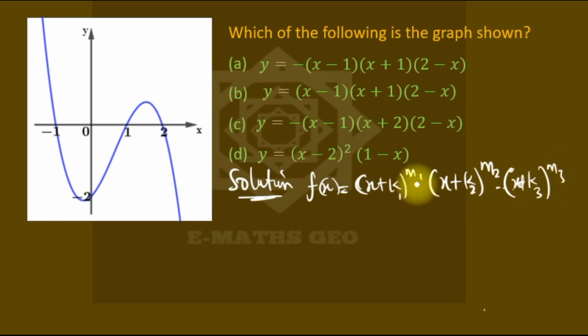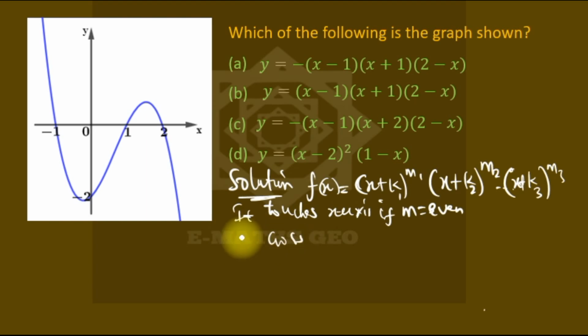So if you have a polynomial factored this way, it touches the x-axis if m is even, or crosses the x-axis if m is odd. So it will cross if it's odd, and both of them cross or touch at x equal to minus k, whether k1, k2, that's equating this to 0.